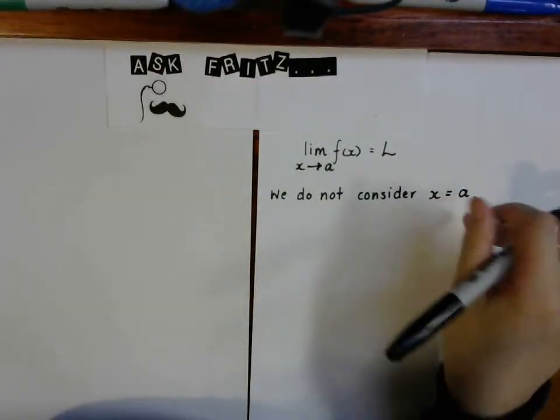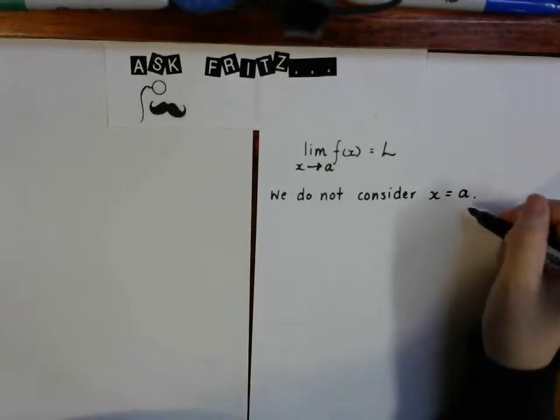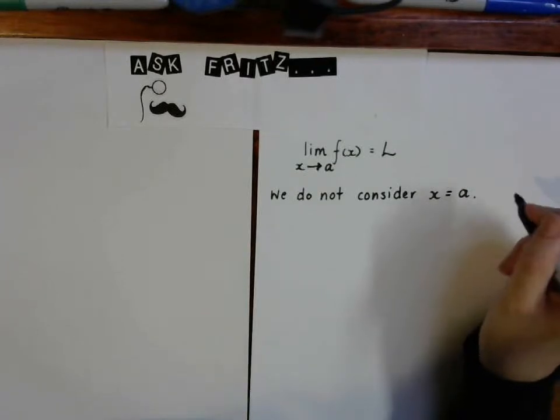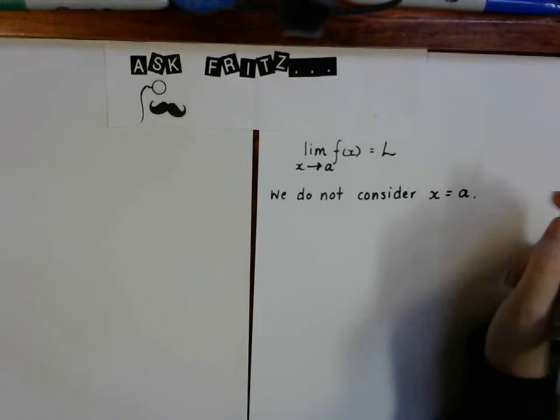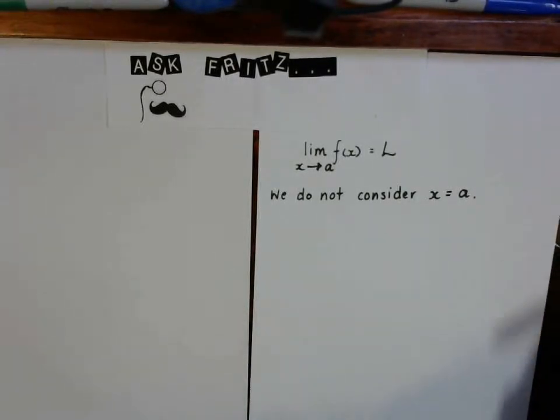For this reason, it doesn't matter if the function is defined at a or not. Okay? So we are looking at the behaviour of the function near a. When we're able to evaluate a limit by direct substitution, like we have in the past, where we haven't had to factorise, we say the function is continuous at a.